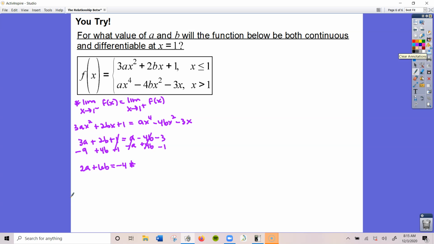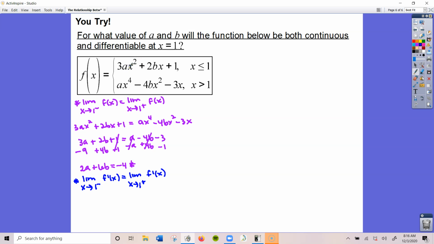Let's move on now to making it differentiable. Again, we start off with our limit. The limit as x approaches 1 from the left of f prime of x should equal the limit as x approaches 1 from the right of f prime of x. Now remember, a and b are considered coefficients, so when we find the derivative of this, it is not a product.